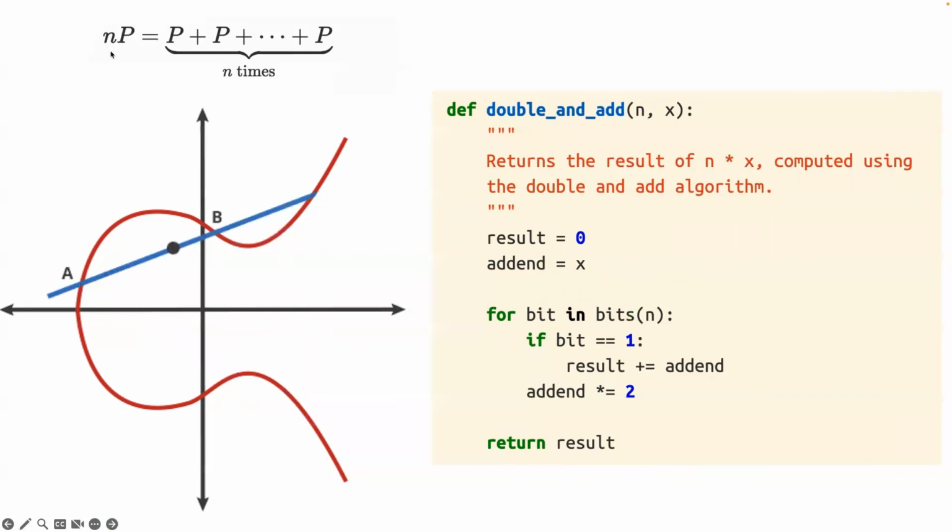That's not defined. You multiply with a scalar, basically a number. So n times P means you do point addition n times, okay? As the animation here shows, if you want A plus A, then you keep doing this, A plus B and B, and you keep going.